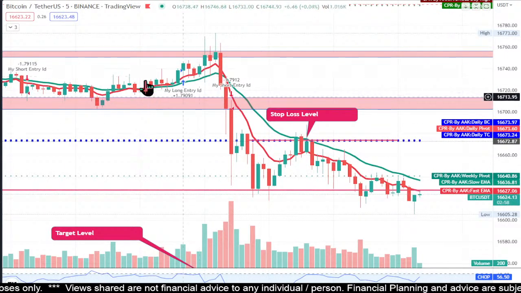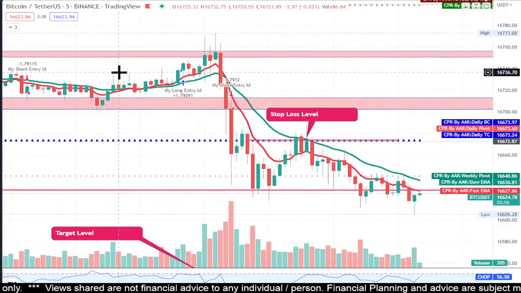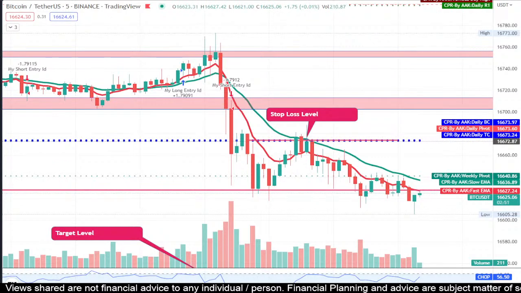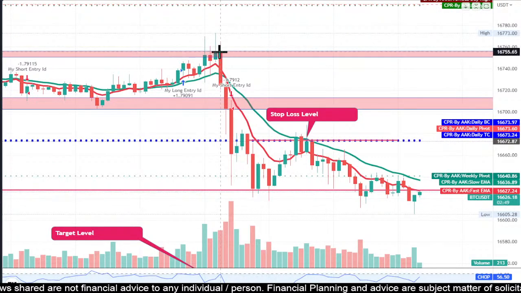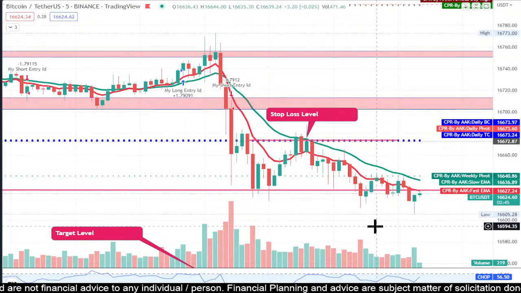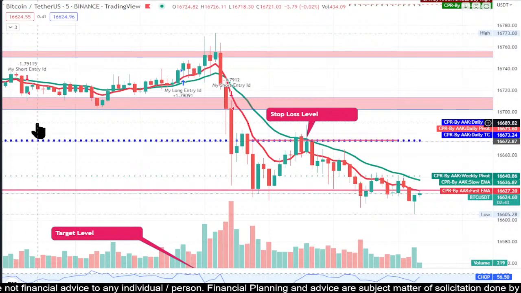If I had been here maybe 20, 25 minutes before this movement happened, then trust me, we would have booked an amazing profit of approximately 130 points, which would have given us about 80% return on our capital invested. And with that 80% return, trust me, I would have ended my day of trading and streaming, and I would not have done any more trades today.